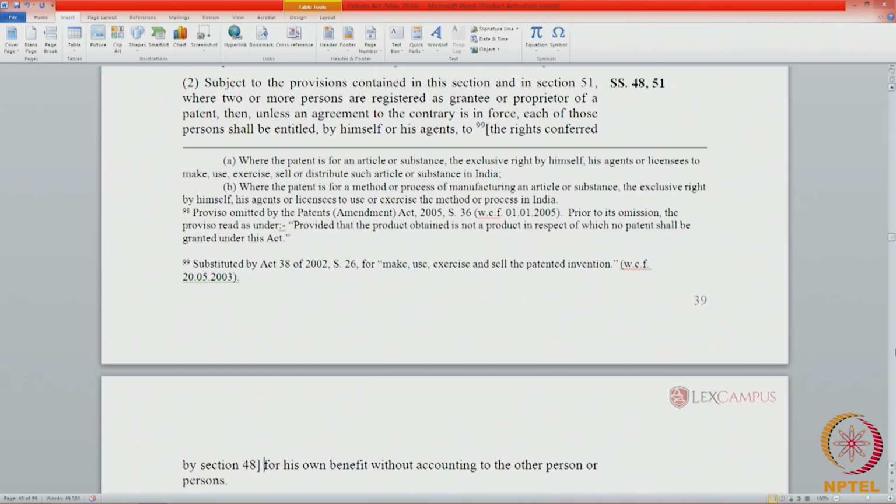For instance, if there are three grantees A, B and C, and there is an infringement that A detects, A can initiate action for infringement because A's rights under section 48 involve his right to exclude any person without his consent from making, selling, offering for sale, using or importing the invention. So, if any of these acts happen, A can take action against the infringer.